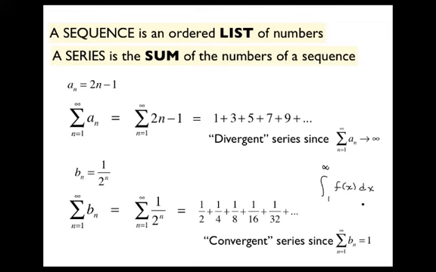It's a very similar idea. So rather than looking at the integral of a function, now we're adding discrete terms. We'll get to this in a second, so let's just keep going. This is very similar to improper integrals, where some were divergent, some were convergent. Okay, another one.